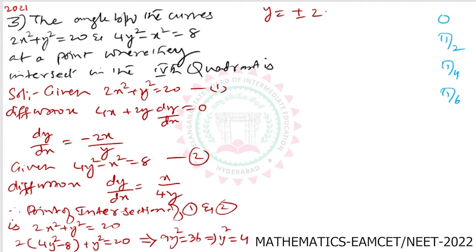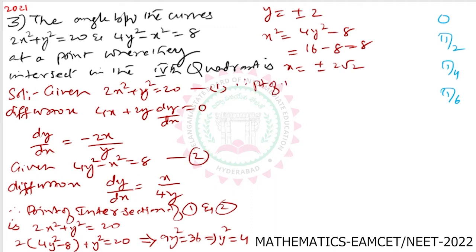Now if I substitute y square is equal to 4 in the second equation, I may get the value of x. Therefore, x square is equal to 4y square minus 8. Here I am substituting y square is equal to 4. 4 4 is 16. 16 minus 8 is equal to 8. This means that x is equal to plus or minus 2 root 2. Now, what is the point of intersection?